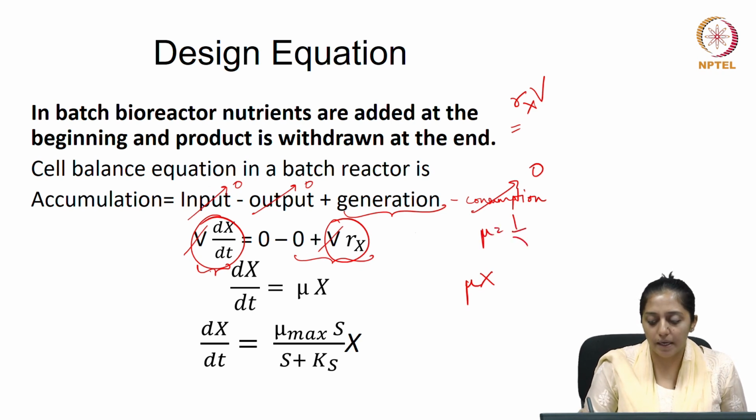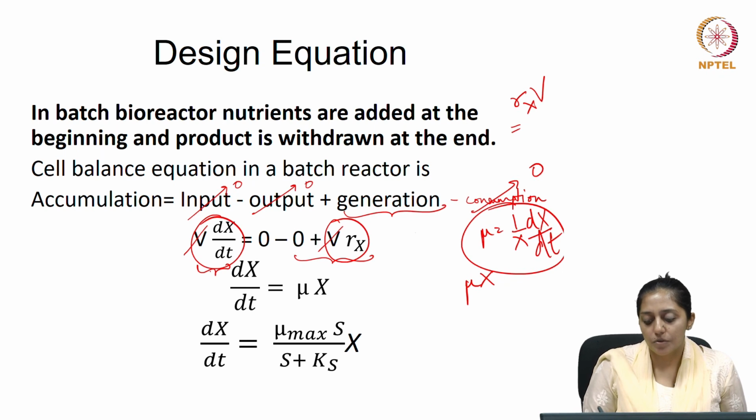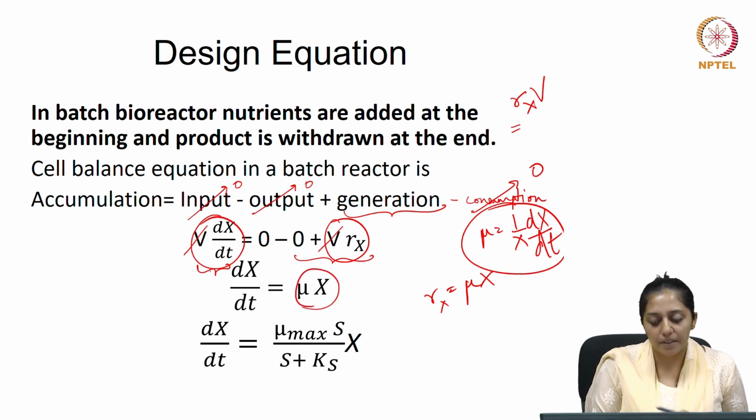It was 1 by x dx by dt. So, your Rx can be given as mu into x. So, that is what has been done here. The Rx has been substituted as mu times x, and here this x is your rate at which the accumulation of biomass, the net change in the concentration of the biomass inside the reactor.